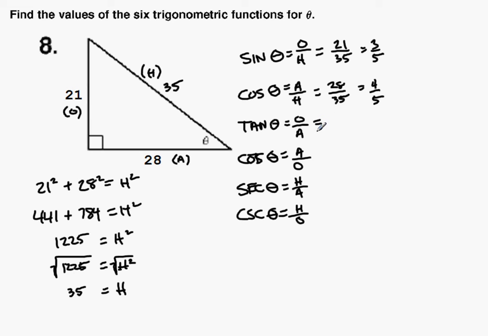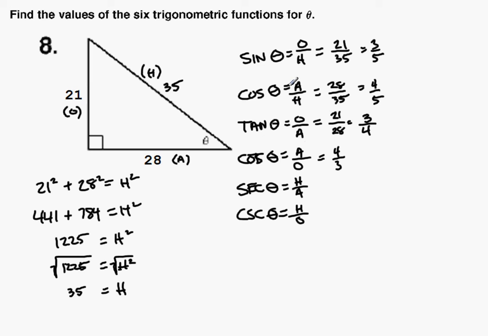Opposite over adjacent. So here we got 21 over 28. 7 goes into 21 3 times. 7 goes into 28 4 times. Okay, 3/4.